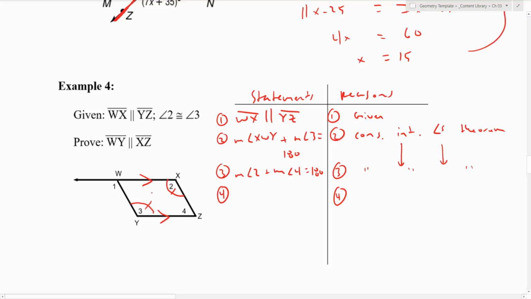Once again, if WY and XZ were parallel, then these consecutive interior angles would be supplementary, or add up to 180. So if we can show that those add up to 180, then we can prove that WY and XZ are in fact parallel. So let's do that. Now let's use our other given, which is angle 2 is congruent to angle 3.